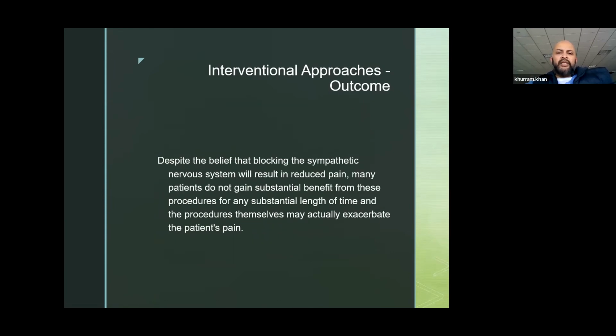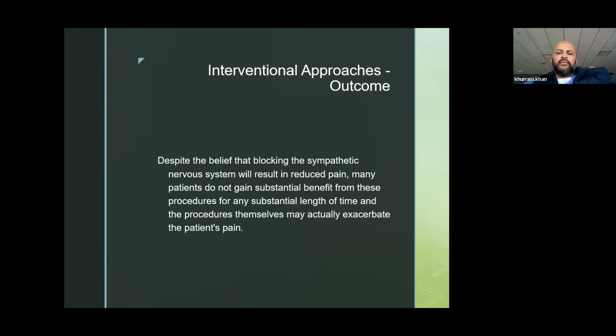Outcome, as I mentioned previously, it was believed that blocking the sympathetic nervous system would result in a decrease in pain and improvement or complete treatment and cure of the CRPS. That turned out to be not true.